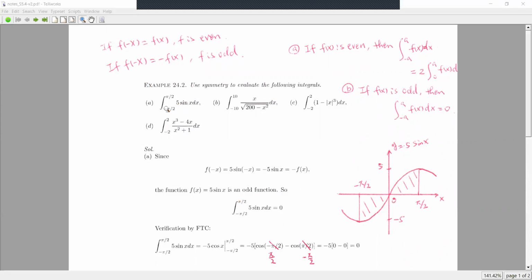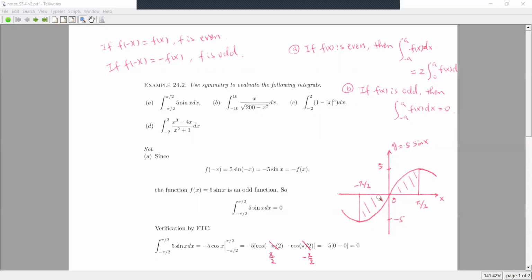Okay, now this integral is the net area of the region between the graph of the function and the x-axis and between negative pi over 2 and positive pi over 2. The region is the shaded region here. About this region, the area above the x-axis is this area.